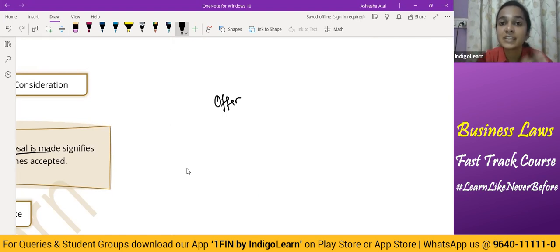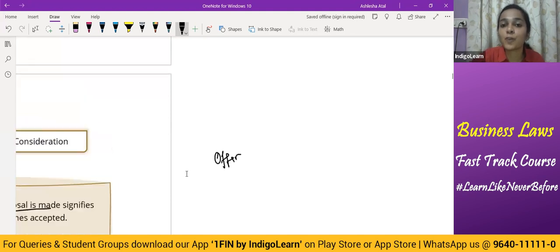Promise comes into place when a proposal is accepted. And when do we say a proposal is accepted? A proposal is said to be accepted when the person to whom the proposal is made signifies his assent to the proposal. Clear? So what is promise? When the person to whom the proposal is made signifies his assent to the proposal, it is said to be accepted, and this accepted proposal is said to be a promise. Simple. Always, whenever you're reading any definition, break it into parts and read it.